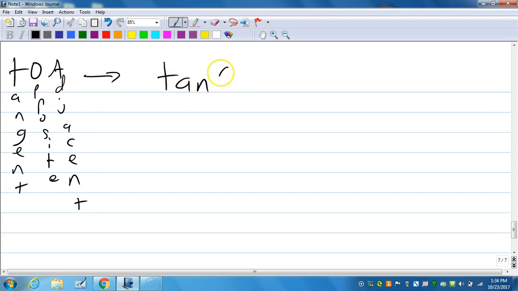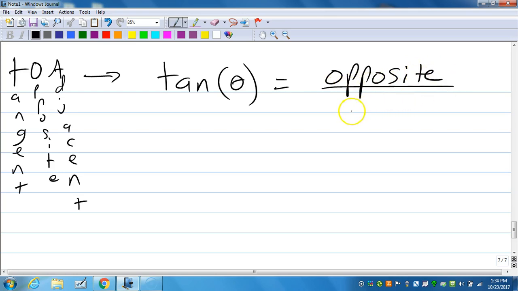The tangent of an angle can be found by figuring out the opposite side length and dividing that by the adjacent. And we'll get into this a little bit more later. First we'll go over a simple question real quick.